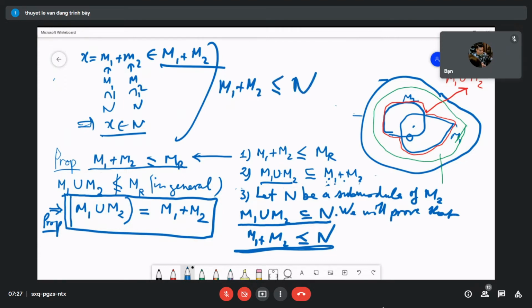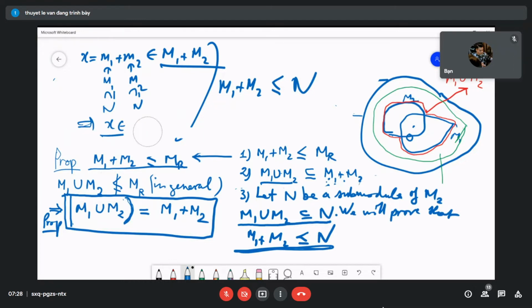So we already proved that the submodule generated by M1 union with M2 is equal to M1 plus M2.